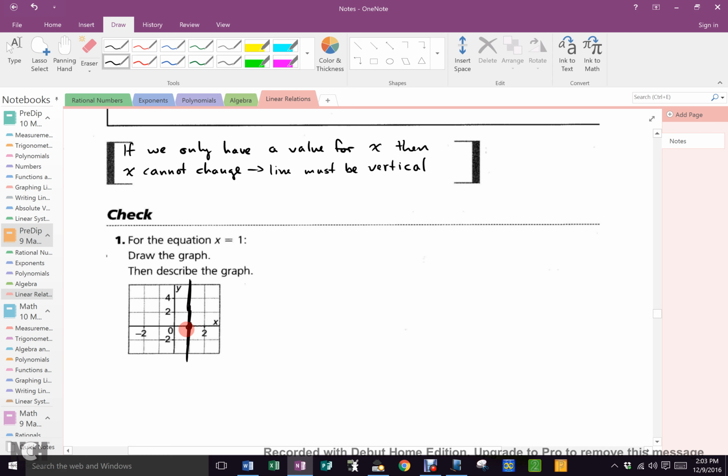A vertical line through x equals 1. Why is it weird? Because we find that x by looking horizontally.